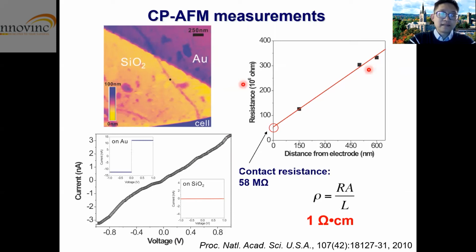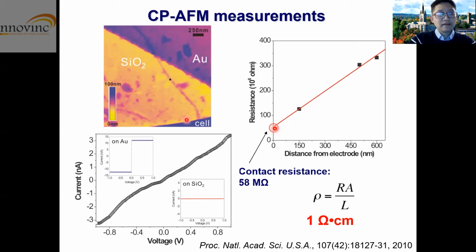We fit the data and extend this line to 0. The x-axis is the distance from the electrode. If we extend to x equals 0, it means the distance from the electrode is 0, which means there's no conductive resistance.